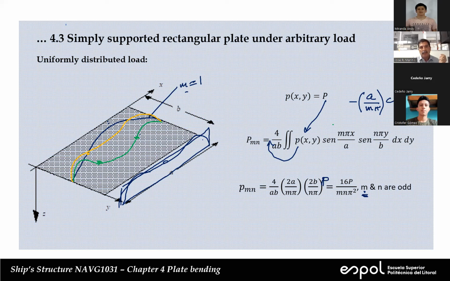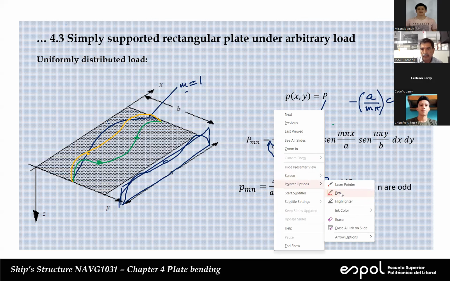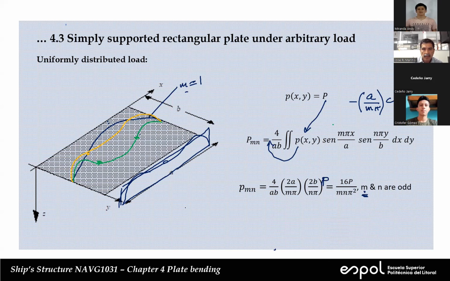For example, if you have a symmetric load, for example P of xy is symmetric, in that case you need to represent that with a series. Of course, each one of the sinusoidal terms needs to be also symmetric.